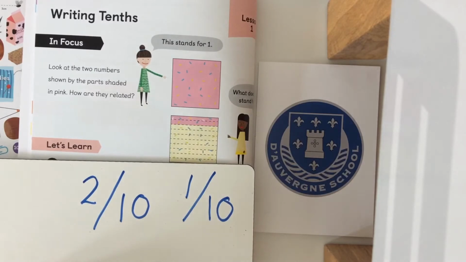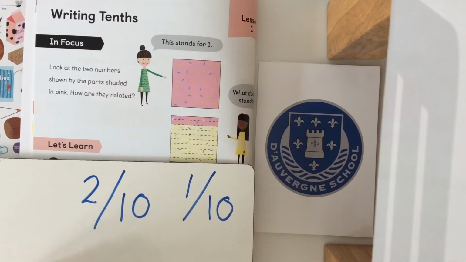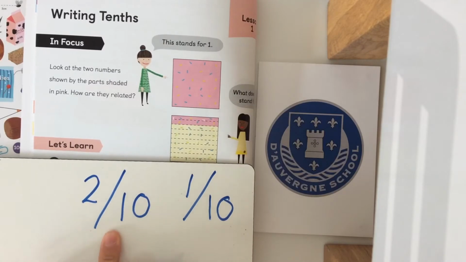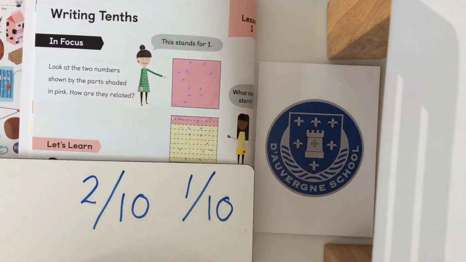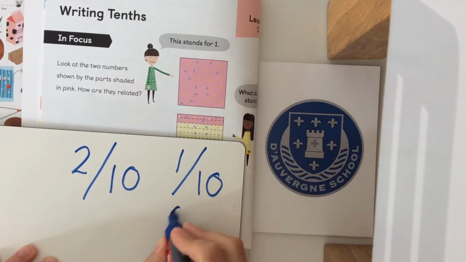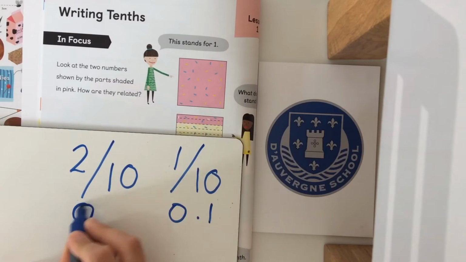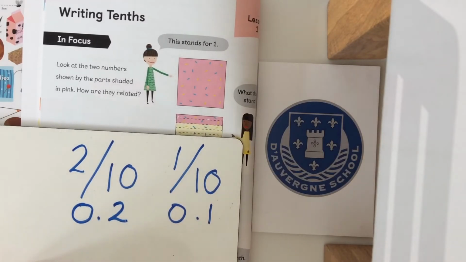Remember, we did lots of practice in class with saying the th sound when we were learning about fractions. So it's not 2/10s, it's 2/10ths. Okay, so remember that. There is another way of saying 1/10 and 2/10, and that is using a decimal. So we can write 1/10 as 0.1, and we can write 2/10 as 0.2.